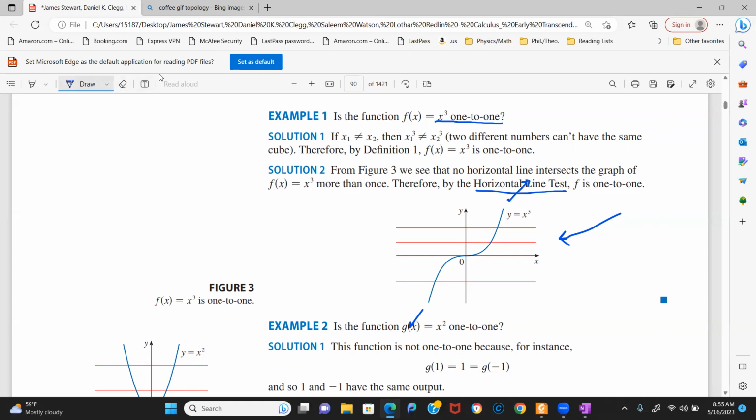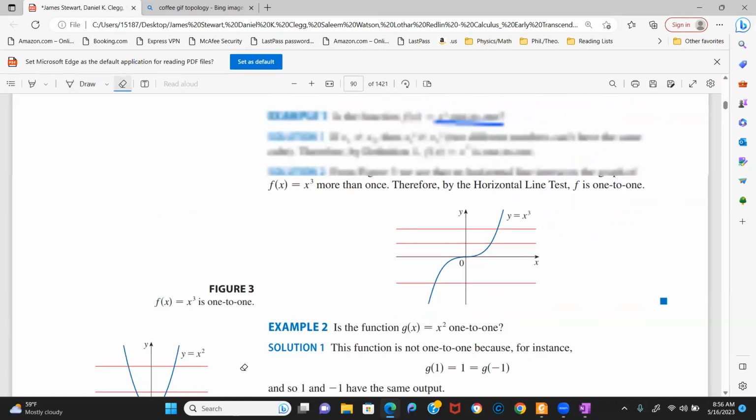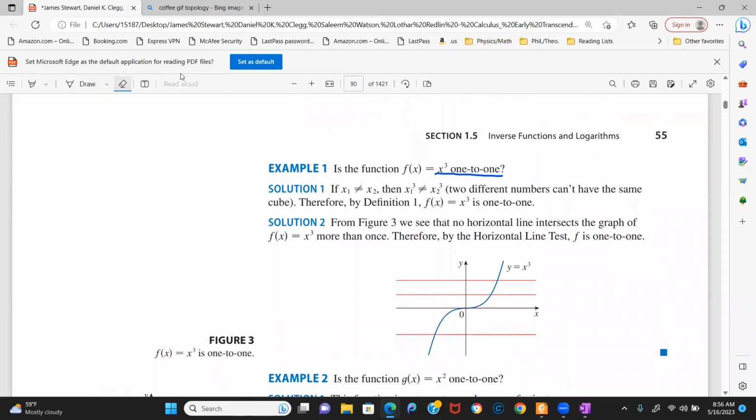How do I know way down here it doesn't go crazy like this, and then goes like this, and then you get a horizontal line intersecting? How do I know something like that doesn't happen? So you don't. And so that's why the horizontal line test isn't really a proof.